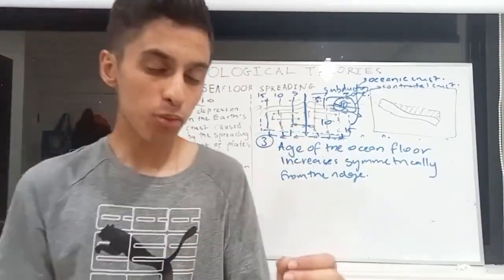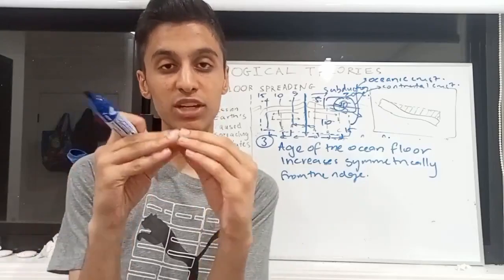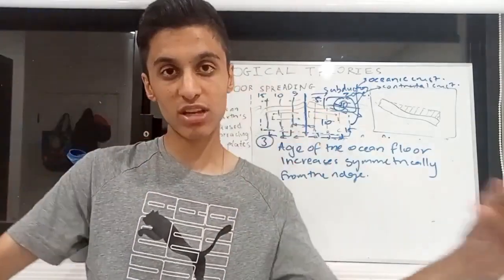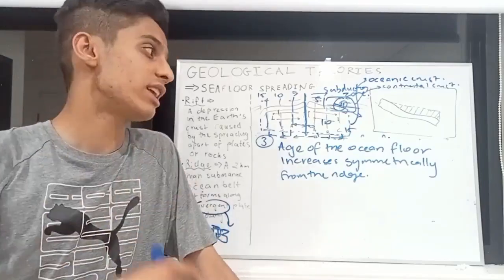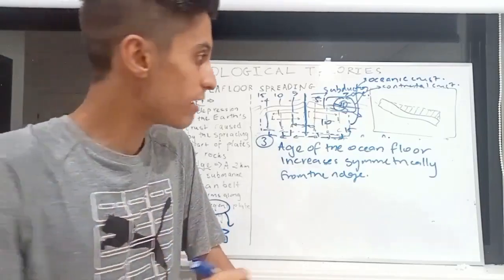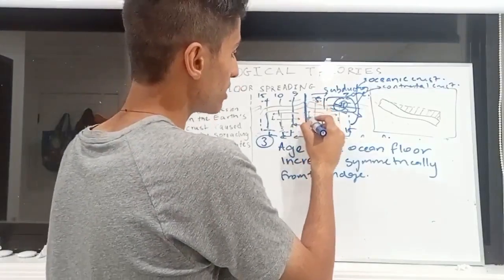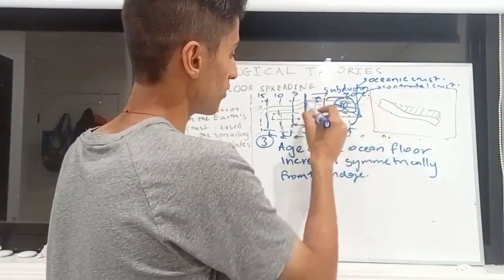And this is only possible if new crust is being created at the oceanic ridge, and then it spreads apart over time. Another thing that they used to back this up was, let's take a look at this part of the ridge, this part of the plate.